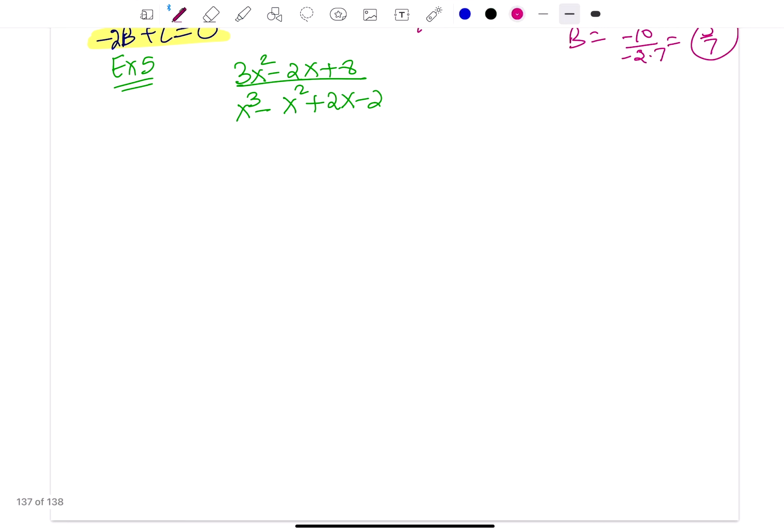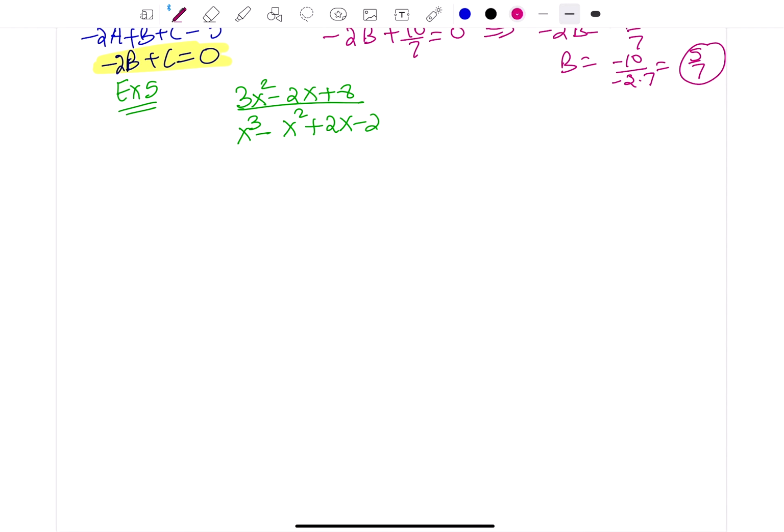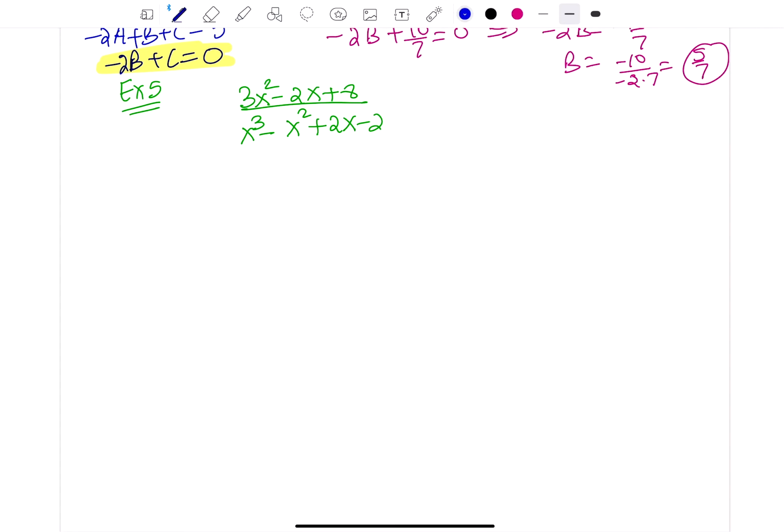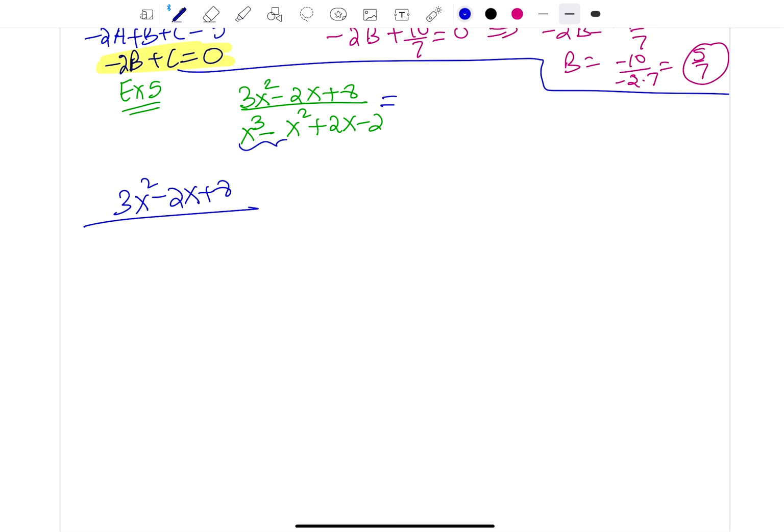Another example with quadratic factors, and I'm going to go through it a little bit faster. We will first have to factor the denominator, which in this case is 3x squared minus 2x plus 8. We can factor it by grouping, and it would be (x squared plus 2) times (x minus 1).